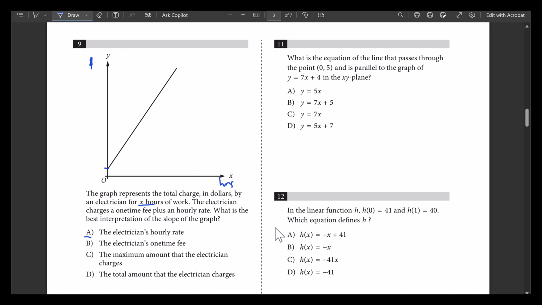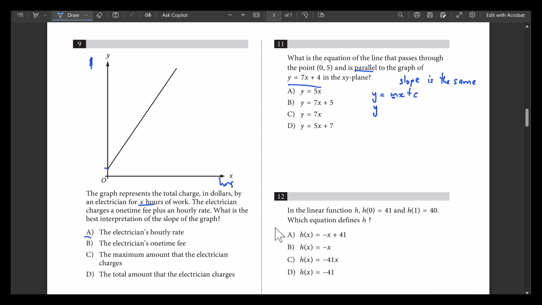Number 11, what is the equation of the line that passes through the point 0, 5 and is parallel to the graph of y is equal to 7x plus 4 in the xy plane. If the graphs are parallel, that means their slope is the same, and the equation of a line is y is equal to mx plus c, and the slope is our m.